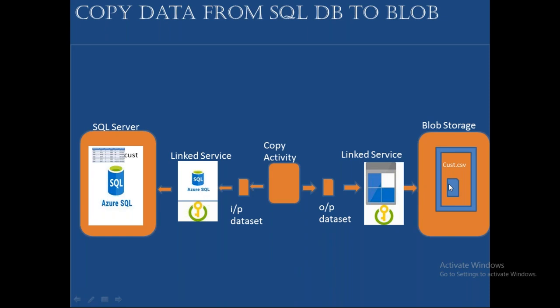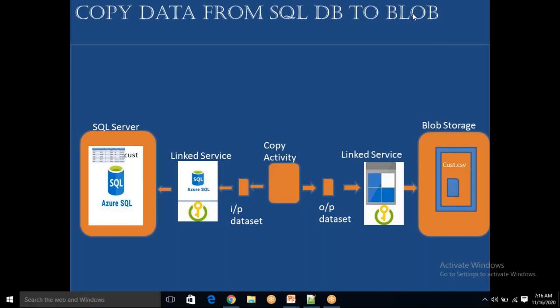Remember, you can go with any of these file formats. The only difference is with Parquet, Avro, ORC, you cannot read these file formats directly. They are not human readable file formats. The data in these file formats like Parquet, Avro, ORC is compressed data. That's why I'm going with customer.csv or customer.json.